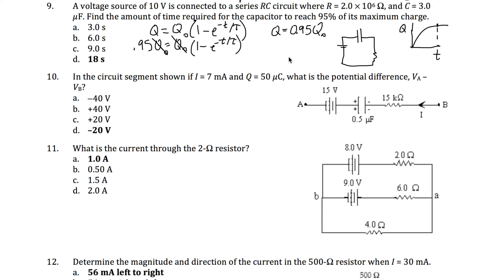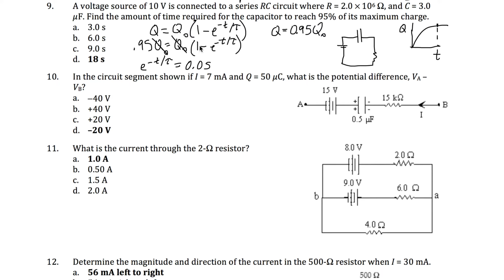We have to solve for time here, so instead of plugging in a time and solving for charge, we're plugging in some charge and solving for time. So you have to be able to do some algebra to get the time by itself. We have 1 minus the exponent equals 0.95. If we rearrange this, we get e to the minus t over tau equals 0.05.